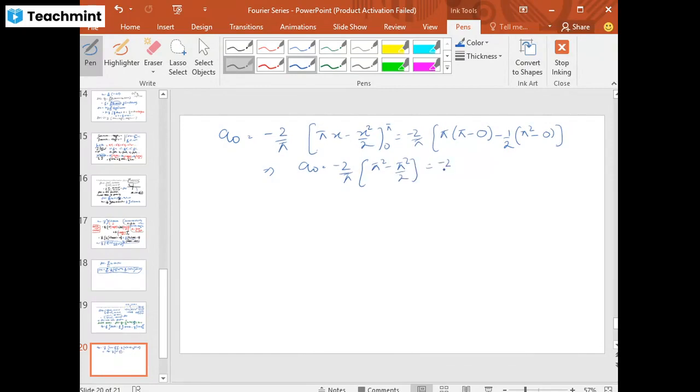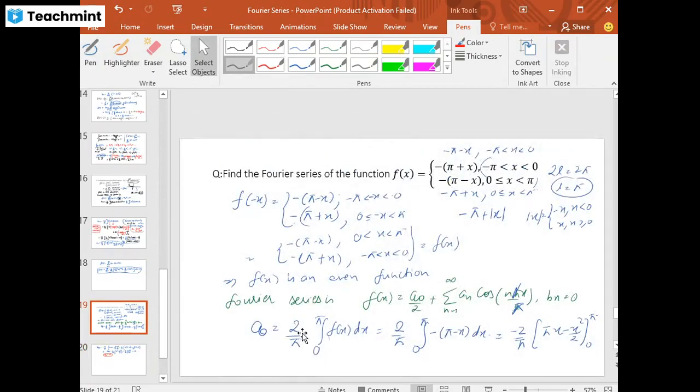So its value is pi square by 2. So 2 and 2 get cancelled out, 1 pi gets cancelled out. So its value is minus pi. So what is the value of a naught? Minus pi. Okay, so this is the value of a naught.